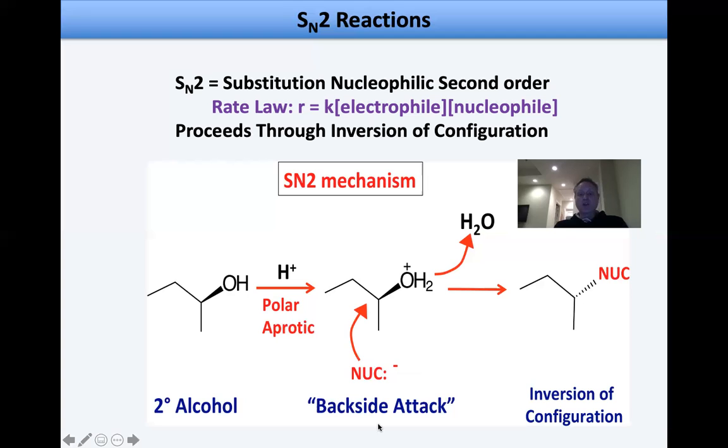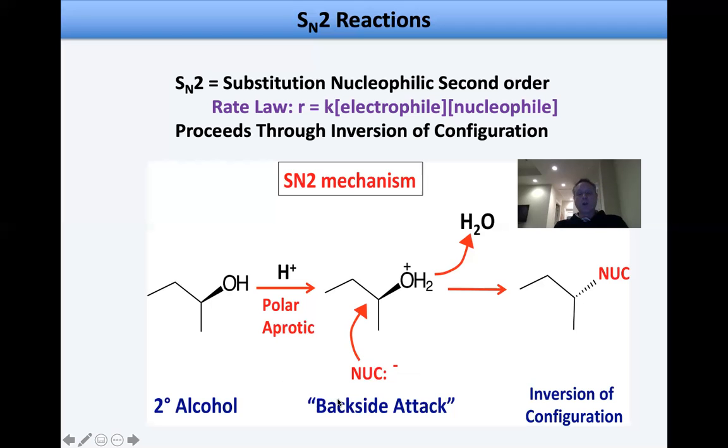And so in the presence of a nucleophile, what can happen is you get this backside attack on this electrophilic center here. It's not a full positive charge here, but since oxygen is so electronegative, it's pulling the electrons toward itself because it doesn't want to be positively charged. There's nothing worse you can do to an electronegative atom like oxygen than to make it positively charged. It's unstable, it's reactive.